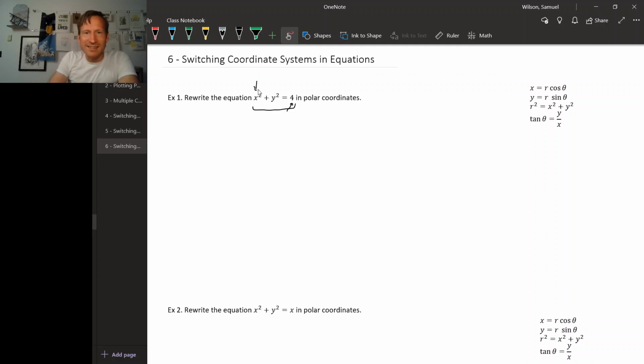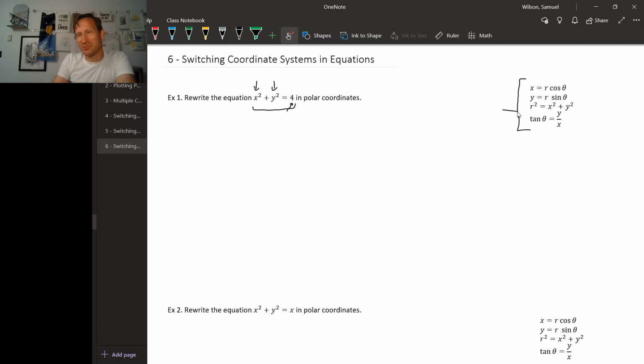But it has x and y in it. And those are the rectangular coordinates for the points that this equation is describing. So it must be possible to somehow translate this equation into a polar description of the points that this is describing. So let's see if we can do that. Now over here I have the equations that we worked out for translating from rectangular coordinates to polar coordinates and back.